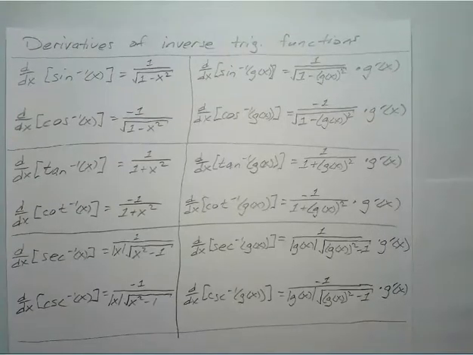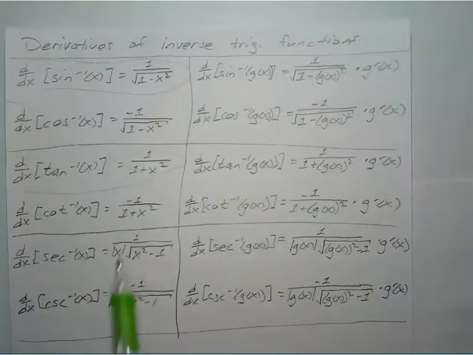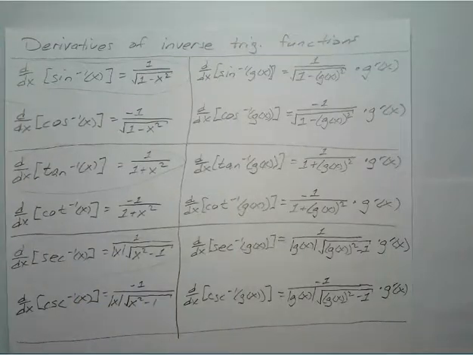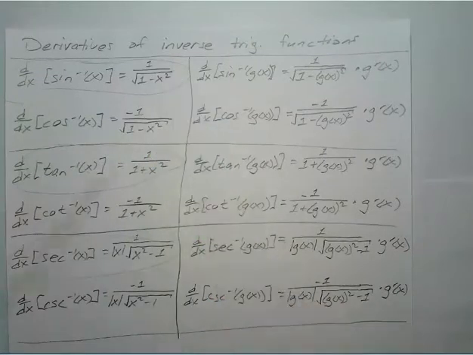All right, so the best way to remember all of these is to remember your sine, your tangent, and your secant, because your cofunctions will always be just the negative of those. Okay, so if you have sine, cosine would just be the negative of sine.